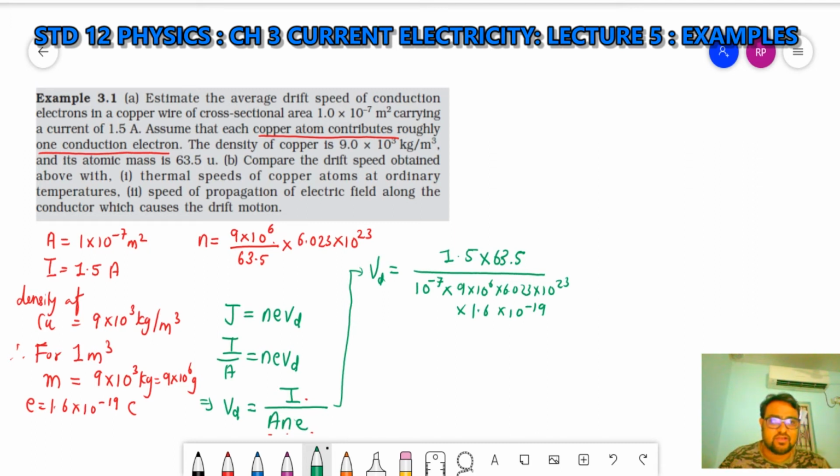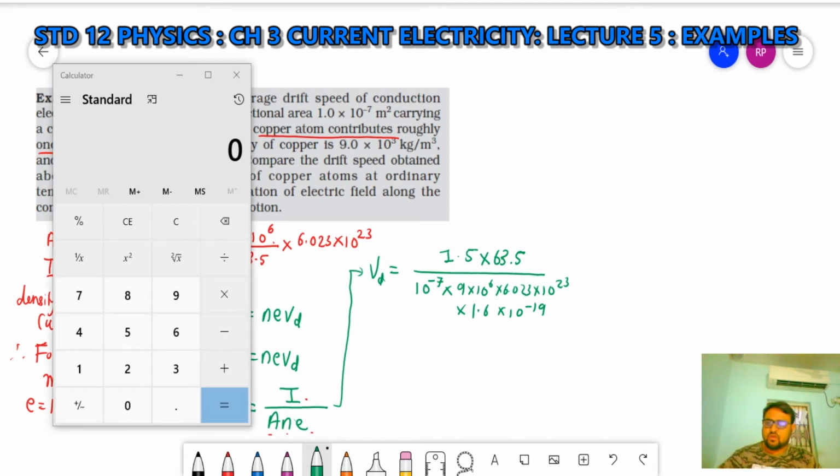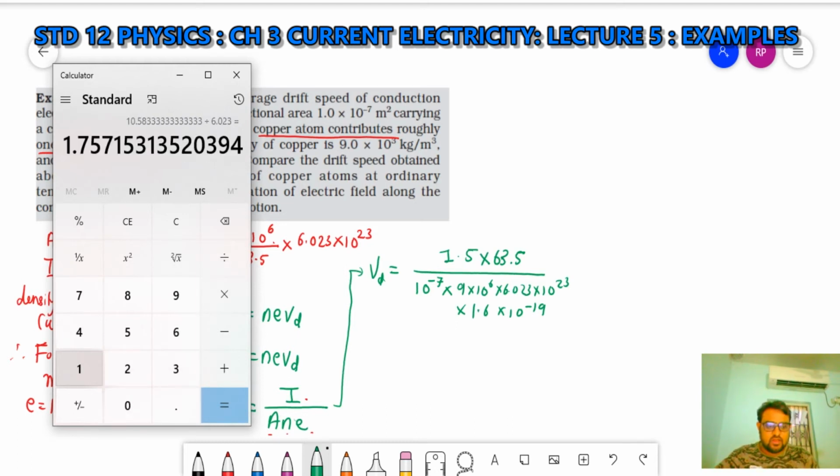Let us calculate. 1.5 multiplied by 63.5 divided by 9 divided by 6.023 divided by 1.6.